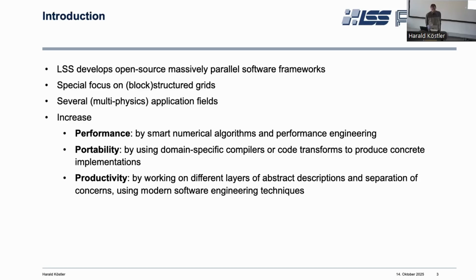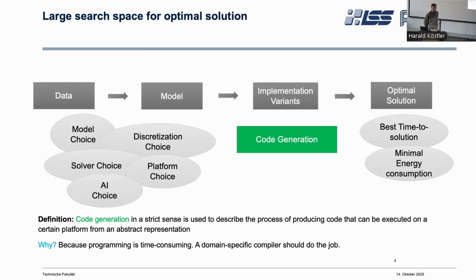And more specifically, we concentrate on usually block-structured data accesses, block-structured grids, and deal with multiphysics applications. Main issues are here, of course, to get the best performance on a certain system. And this is also our main motivation for the code generation, as I will show you on the next slide.